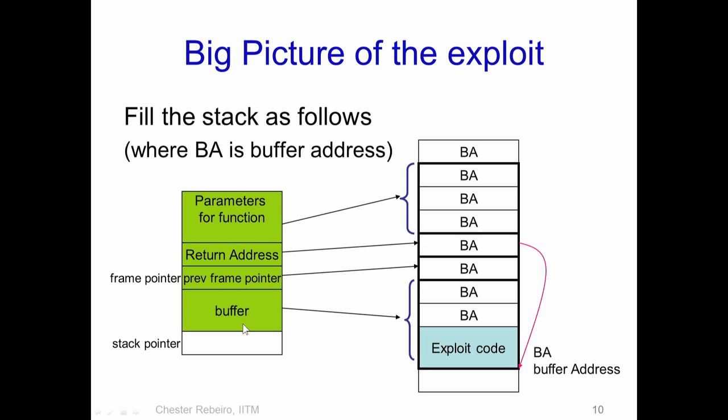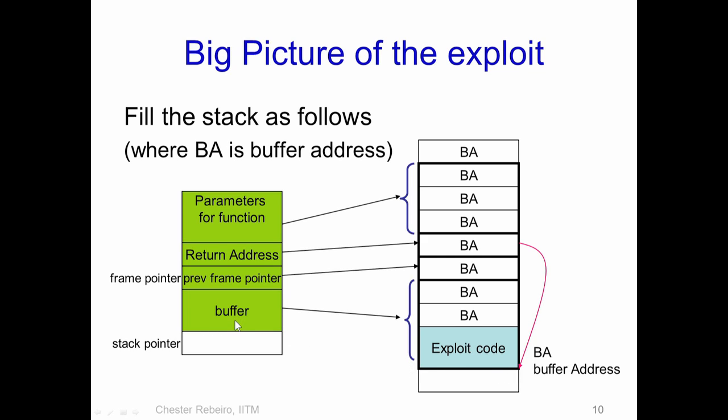So, the attacker is going to create a very specific string that has the exploit code, and it is also able to force the operating system, or for that matter any application, to execute this exploit code. How it is going to do it is as follows.